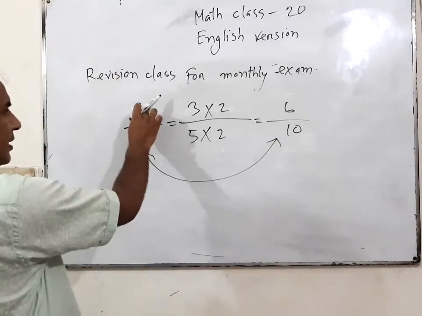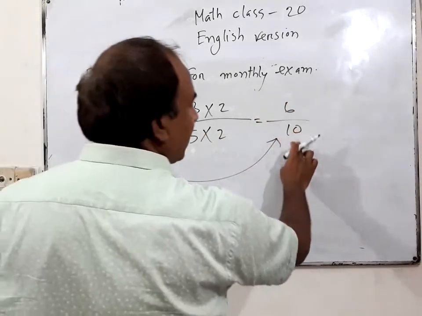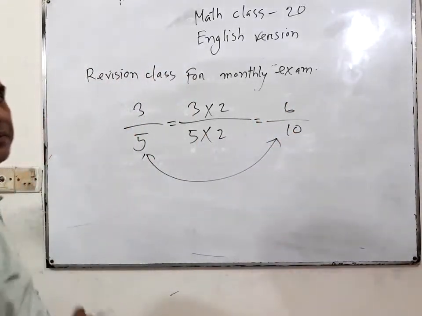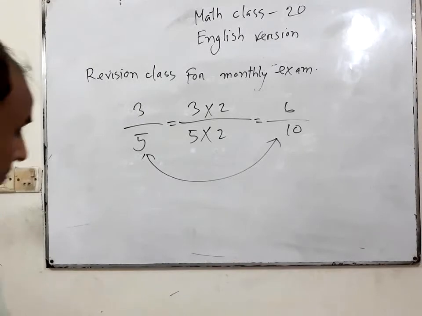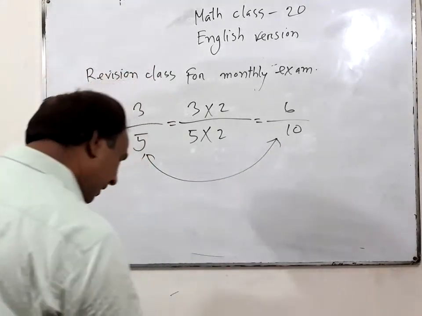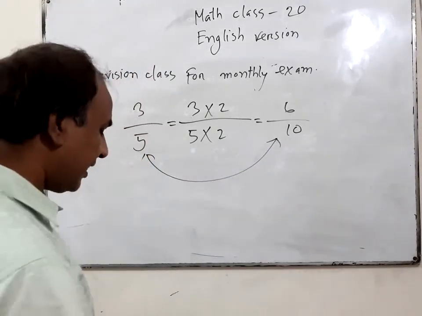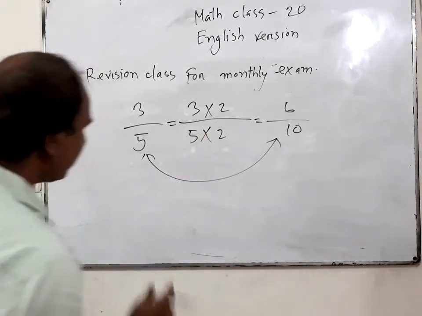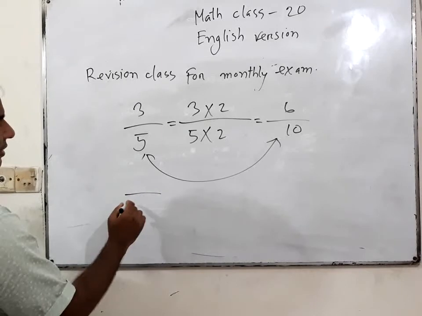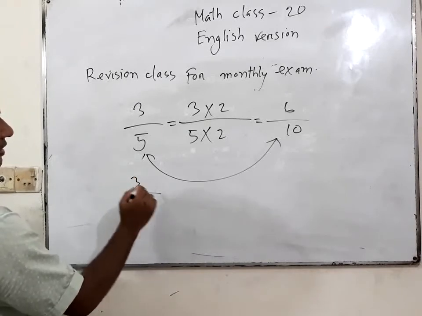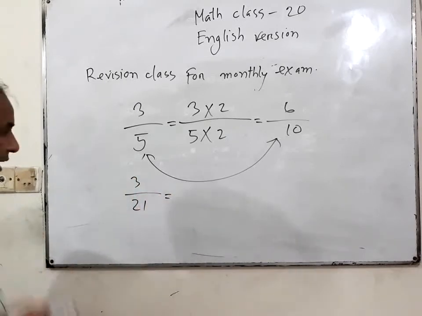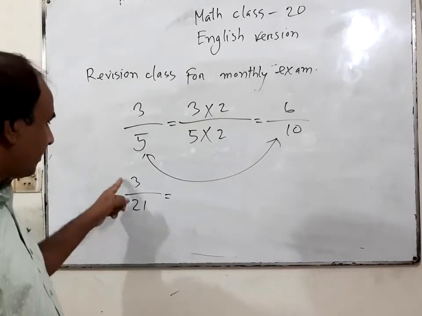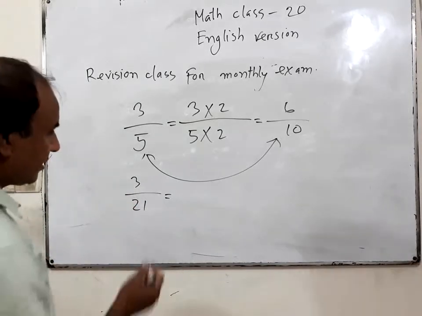The equivalent fraction of 6/10 is 3/5. Okay, and another one, they said if we multiply or divide it. Multiply I showed you, now divide. Suppose 3/21. If somebody asks you, what is the equivalent fraction of 3/21?